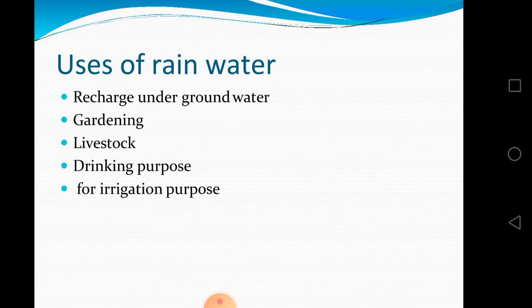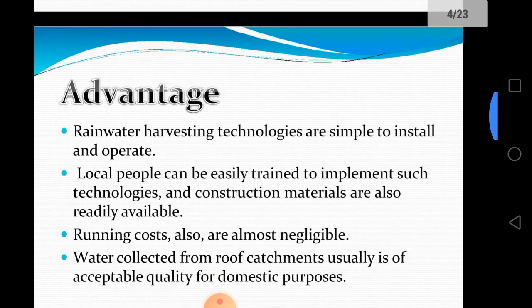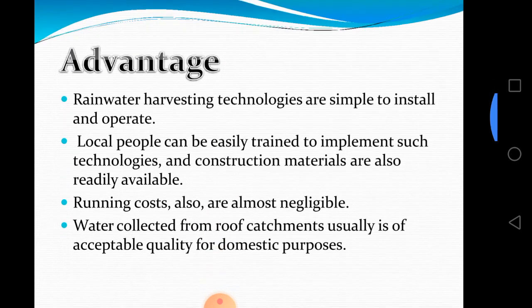Drinking purpose also we can use that rainwater. We can use different technique methods, and we can use it for drinking and for irrigation purposes also.